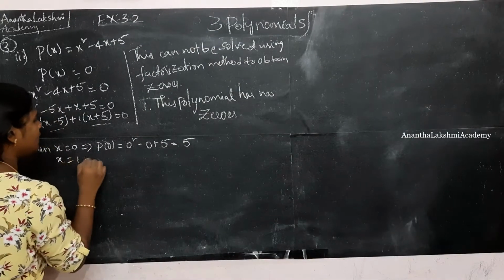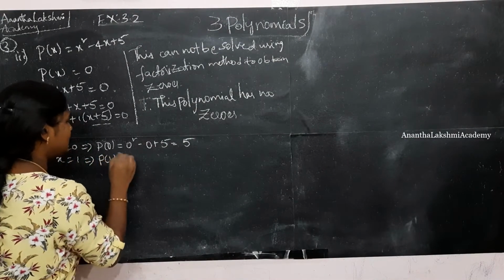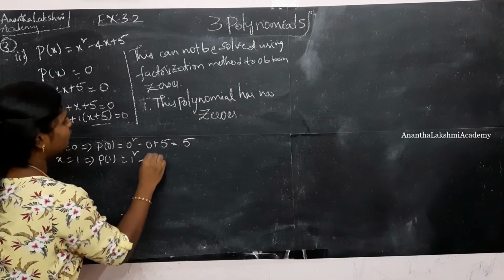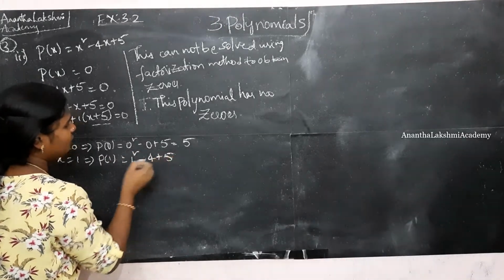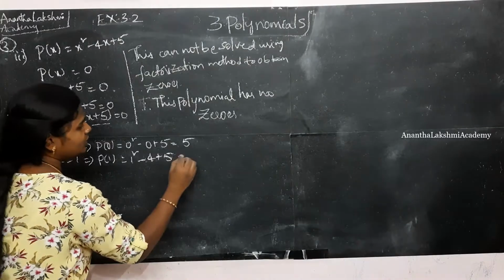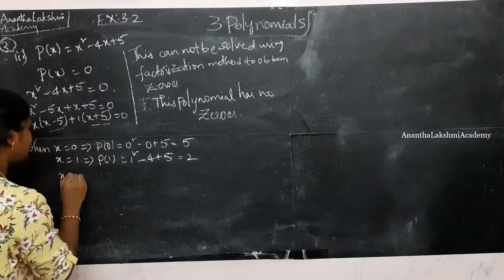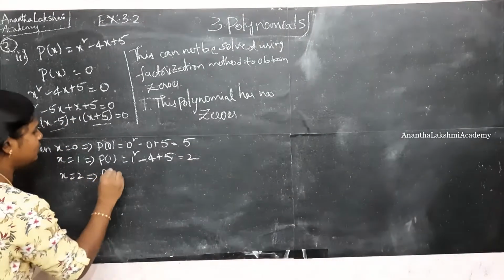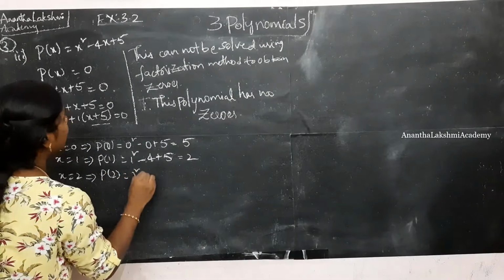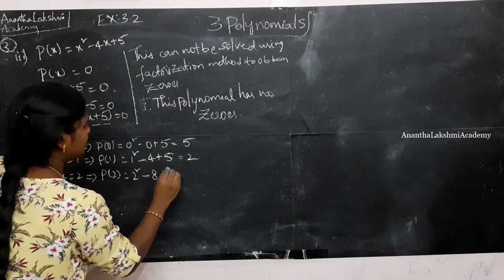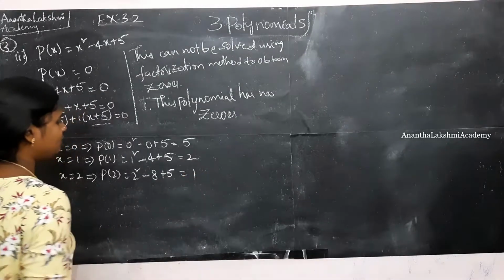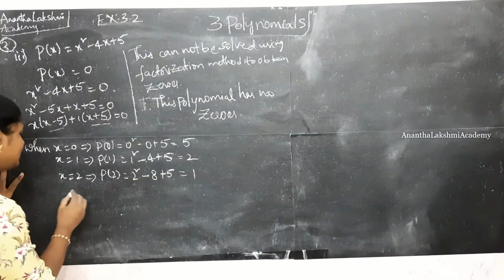When x is equal to 1, p of 1 is equal to 1 square minus 4 plus 5: 5 plus 1 is 6, minus 4 is 2. When x is equal to 2, p of 2 is equal to 2 square minus 4 twos are 8 plus 5. 5 plus 4 is 9, minus 8 is 1.